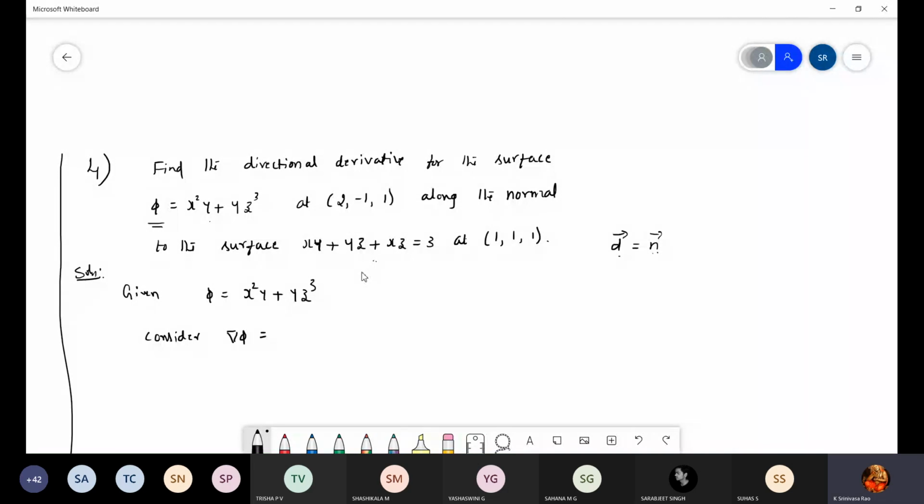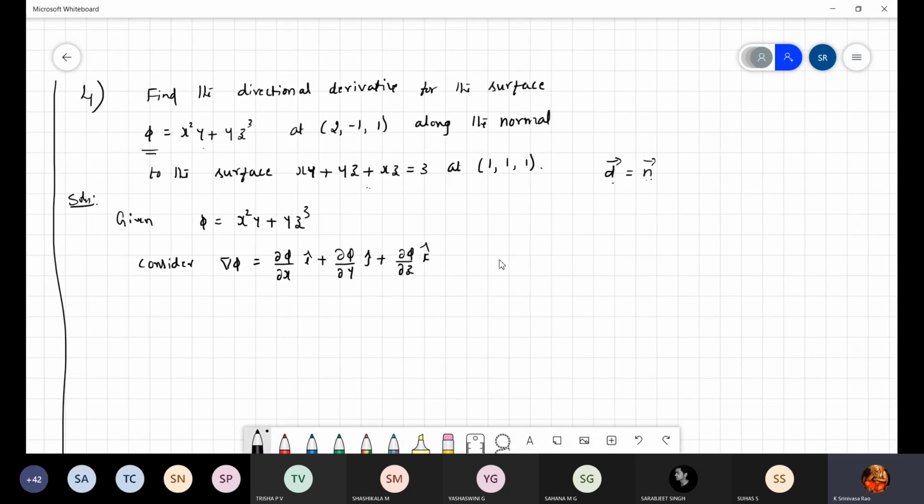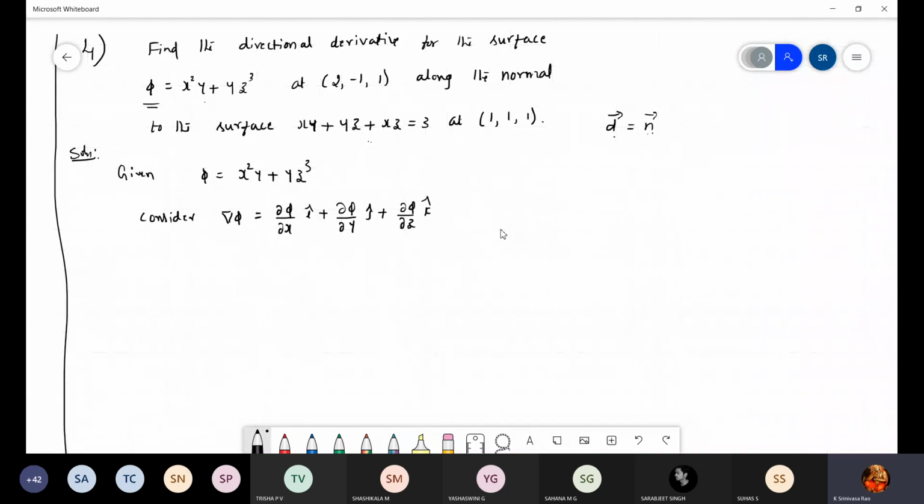Consider grad phi, that is dou phi by dou x i cap plus dou phi by dou y j cap plus dou phi by dou z k cap. I will substitute directly the partial differentiation of phi with respect to x: 2xy i cap, second term 0.